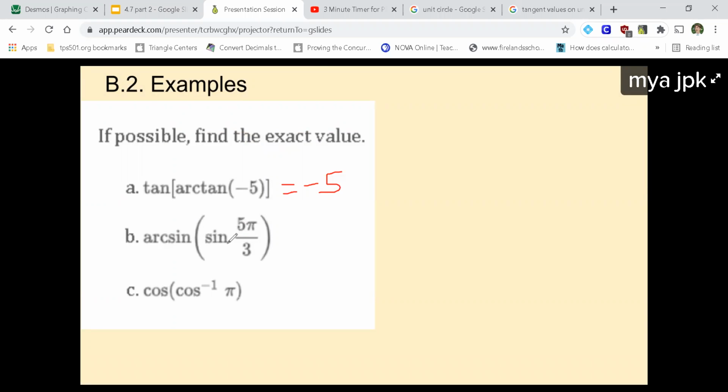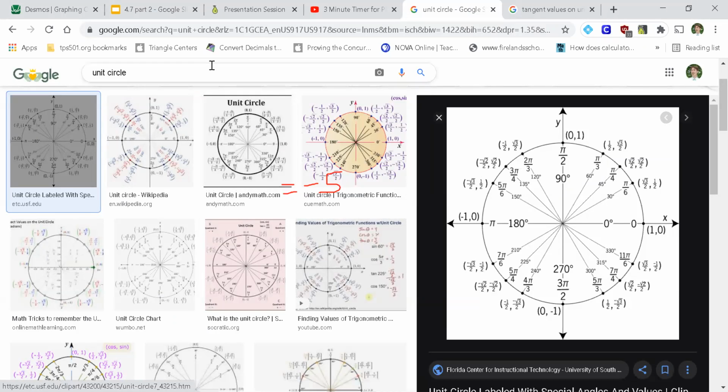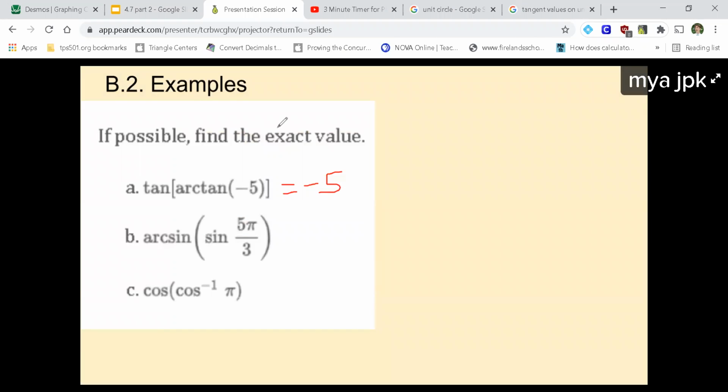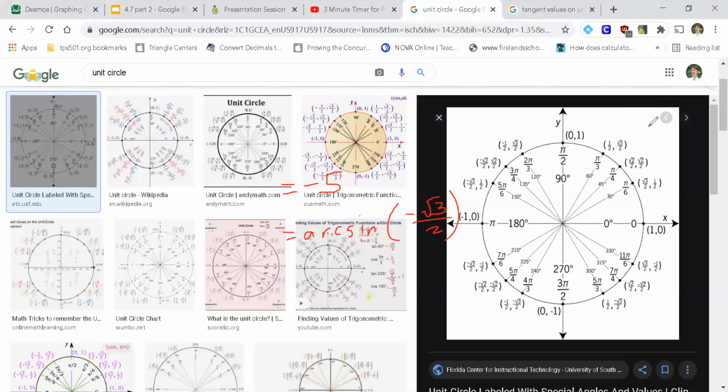To do this by hand, the sine of 5 pi over 3, the y value at that point on the unit circle, is negative square root of 3 over 2. And then if I want to do the arcsine of negative square root of 3 over 2, I look for what angle in quadrants 1 or 4 produces that y value.